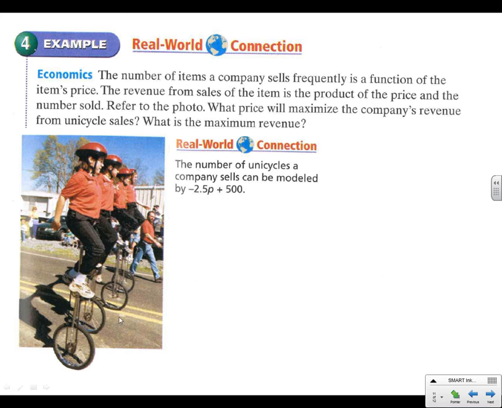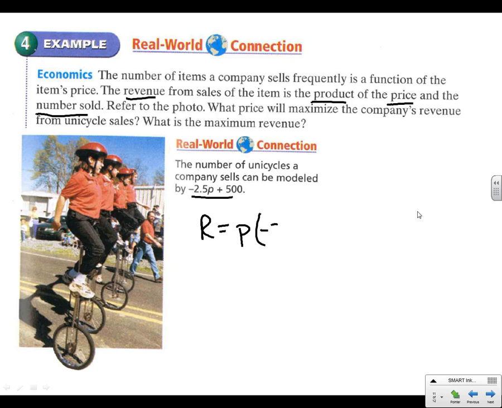We've got our unicycles here, and our number that we sell is modeled by this right here, negative 2.5p plus 500. Okay, so the revenue, if we go back to the word problem, the revenue is the product, so we're going to multiply the price times the number sold. And here's the number sold.